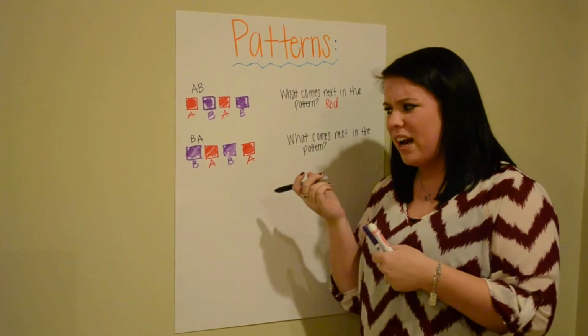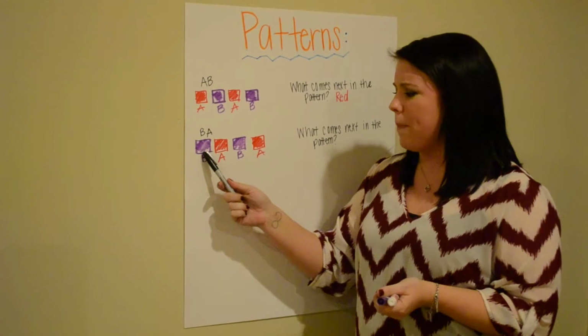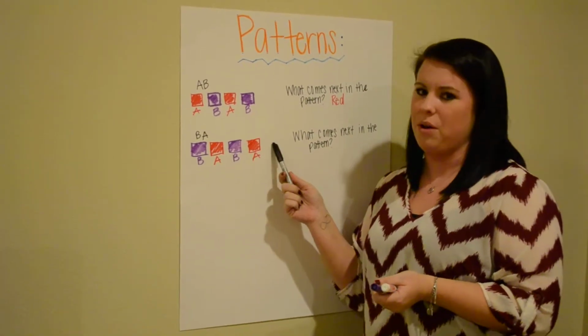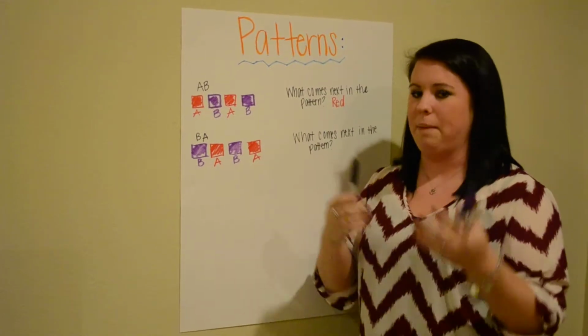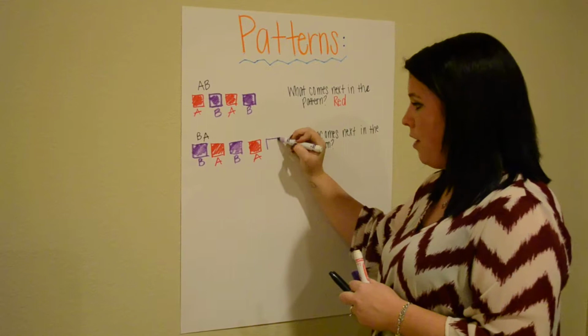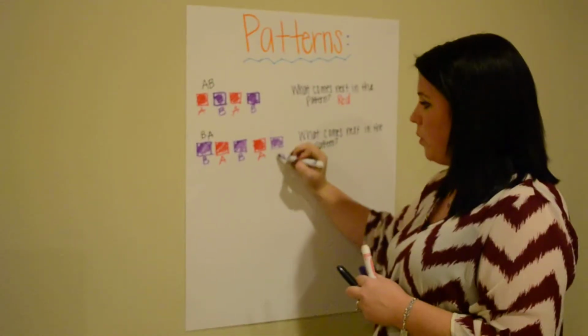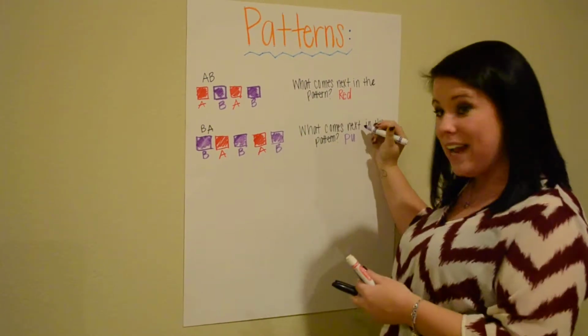Would it be red or would it be purple? Well, let's look. If it's purple, red, red, that doesn't fit in the pattern of B-A, B-A. So, with that, it has to be another purple square, which you would label B. So, if you said purple, you were right. Good job.